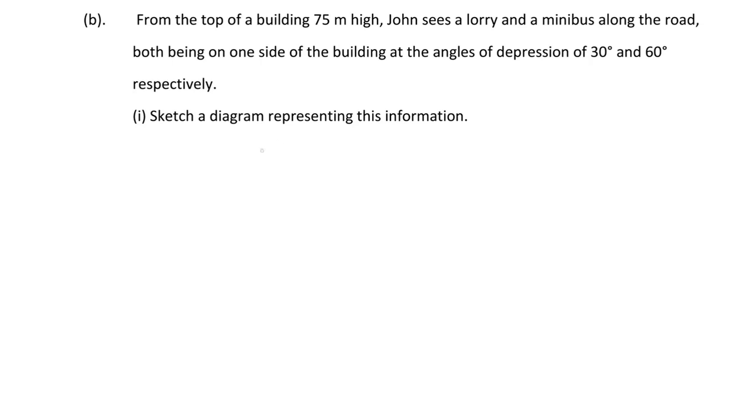Okay, so here we have John's position. We are going to draw a line representing the building, and then another line representing the ground, and then we are going to have 2 points, here for the minibus and here for the lorry.